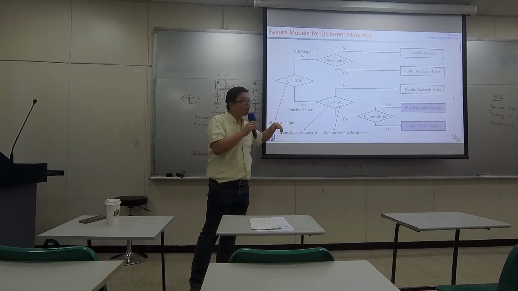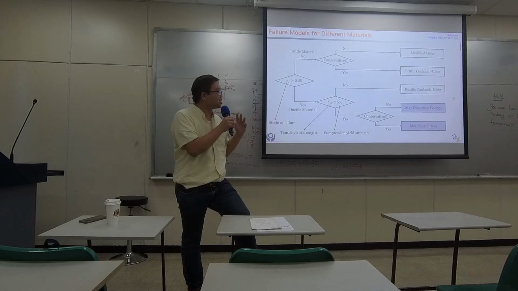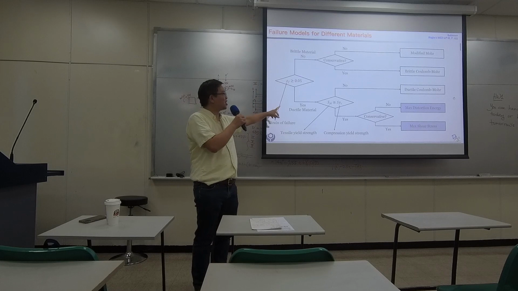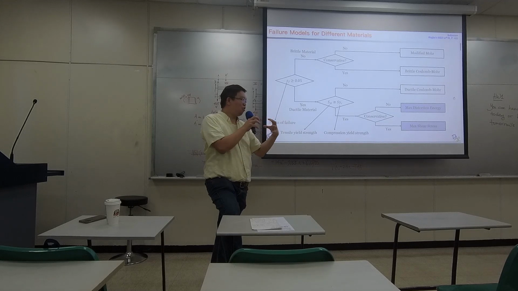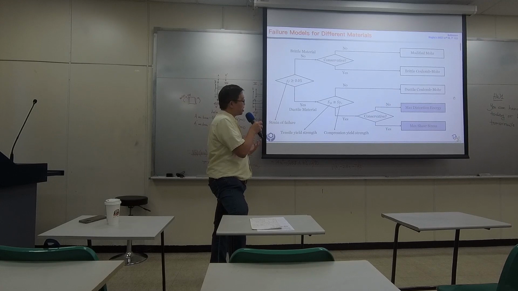So ductile means more rubber-like. You can lengthen it, but it doesn't necessarily mean it looks like rubber. Metals are, most of the time, ductile. You can elongate their length a little bit until it truly breaks.